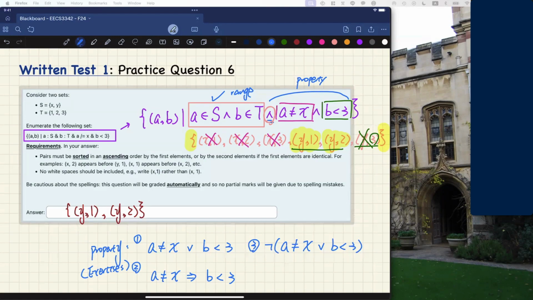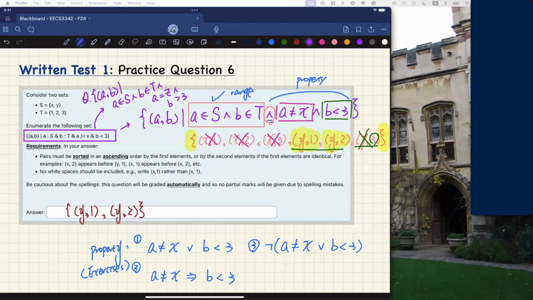So the question was, for example, let me make this up. Let's say another question: A, B, where A is a member of S, and B is a member of T. Let's say A is equal to Z, and also B is larger than 3.